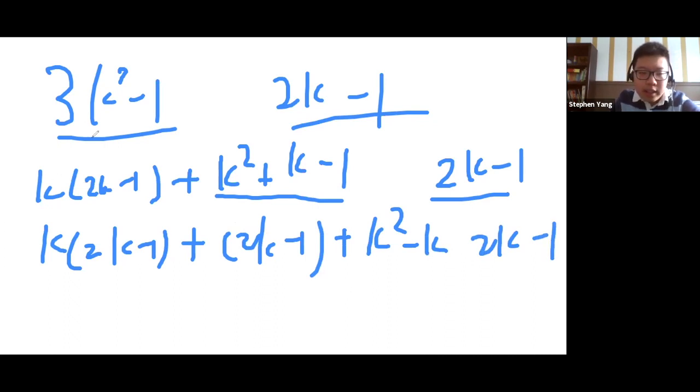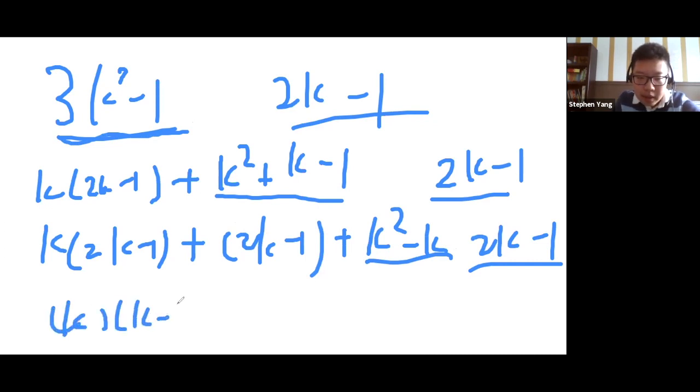So finding the greatest common factor of these two terms is the same as finding the common factor of these two terms. We know that k squared minus k is k times k minus 1. When you multiply both of them by 2, you have 2k and 2k minus 2.